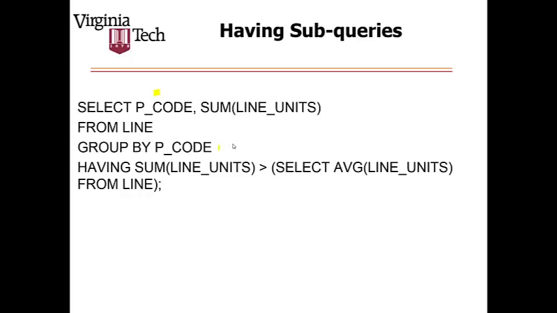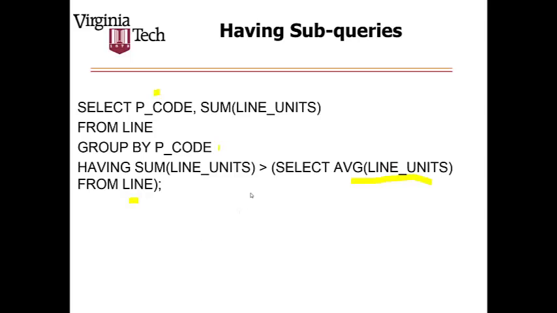And once we have that work done, then we apply a having clause, which is something like a where clause, a conditional, right? So that value that we calculate, that sum of units, is greater than the results of this subquery, which is one single value, the average of the line units from line.